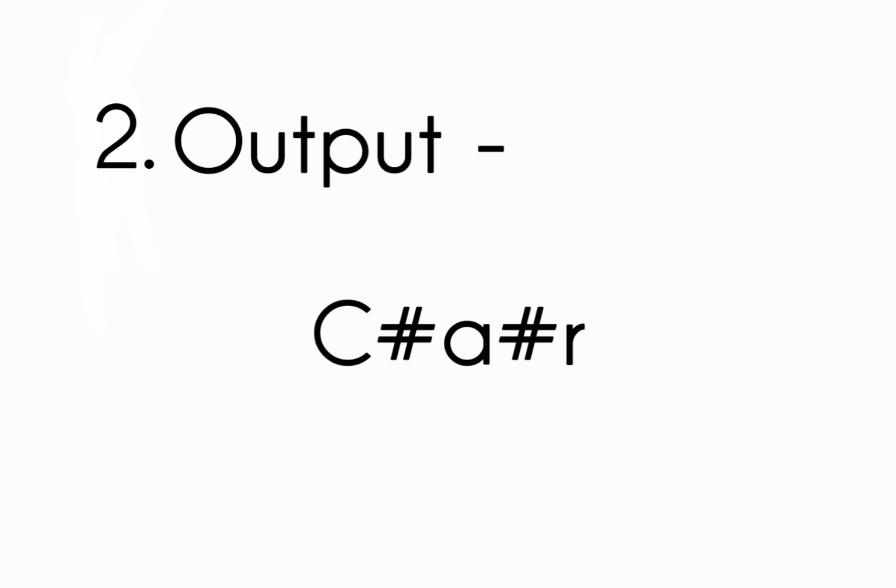So this is our output, and all the characters are not capital because we didn't run the loop inside X. We have to run the loop for the second time inside W. That's why only C is capital and a and r are small letters. So you have to keep these things in mind.